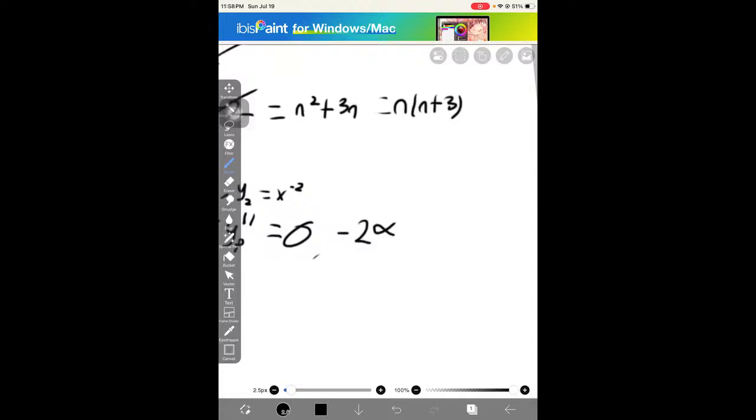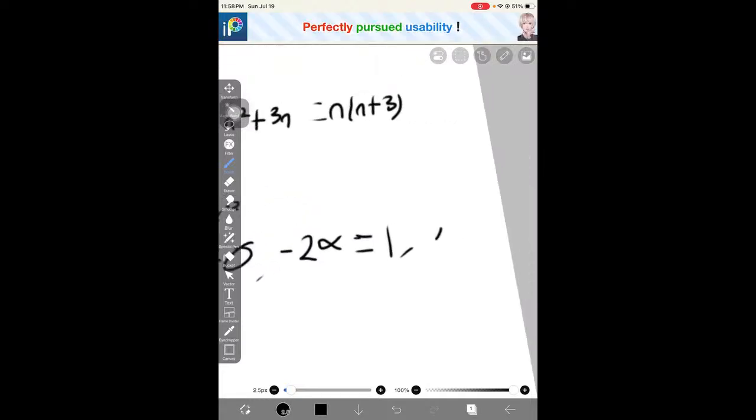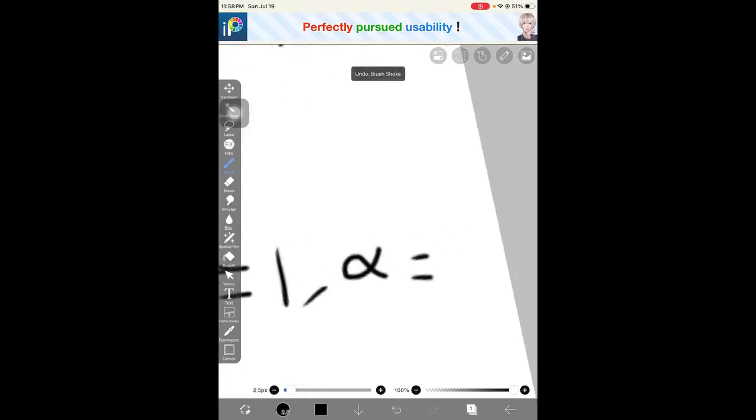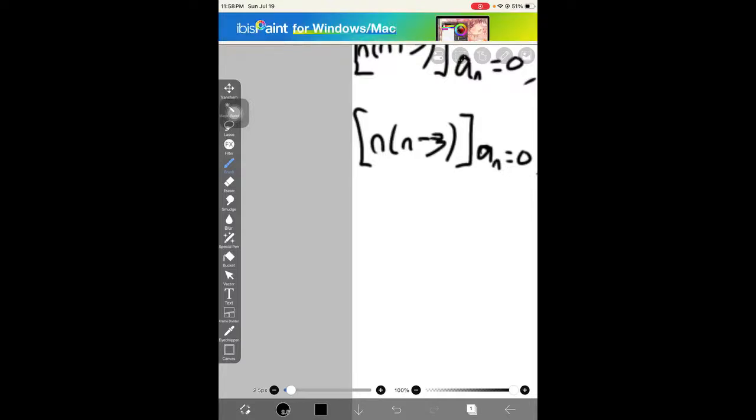Negative 2 alpha equals 1, and then alpha equals negative 1/2. I think there's also a formal way to do that, but it's been a while since I've used the Frobenius method, because I usually use the power series method when possible. But in this specific scenario I have a singular point at x equals 0, so that's unfortunate.